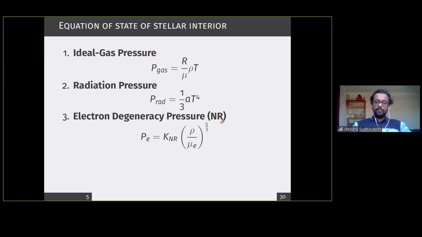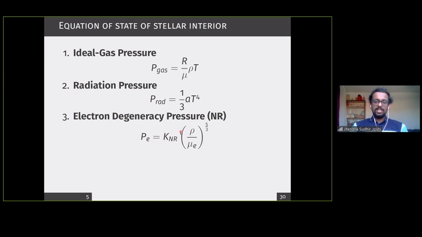And this nr here represents the non-relativistic case, which means the electrons in the degeneracy state have a speed which is not comparable to the speed of light, which is very small in those terms. Then this is the pressure that we get.